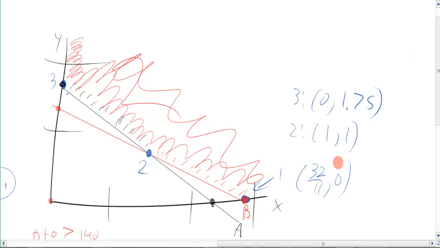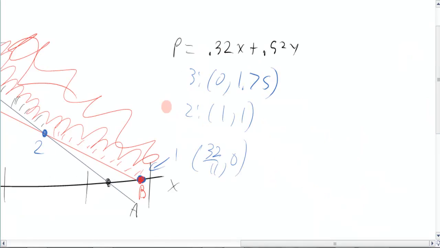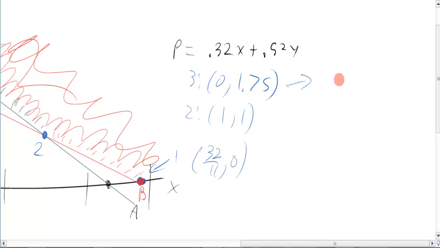So now we have our three values. We substitute these into our min or max equation, which was, I forgot, let me grab it. There we go. It was 0.32x plus 0.52y. So we sub each of these in. This one would give us a value of p equaling 0.52 times 1.75. I can ignore the 0 because 0 times anything is just going to be 0.